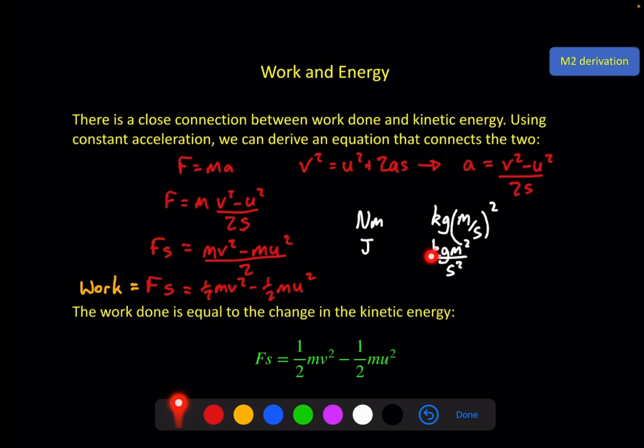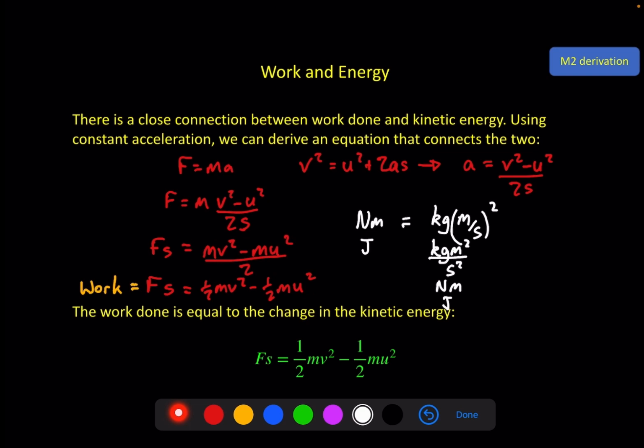Then if we take kilogram meter per second squared, the meter per second squared, that's acceleration. Kilograms, that's mass. Mass times acceleration is a force. So we get a force there, which is newtons, and then there's still a meter left over, which is Newton meters, which of course is joules.